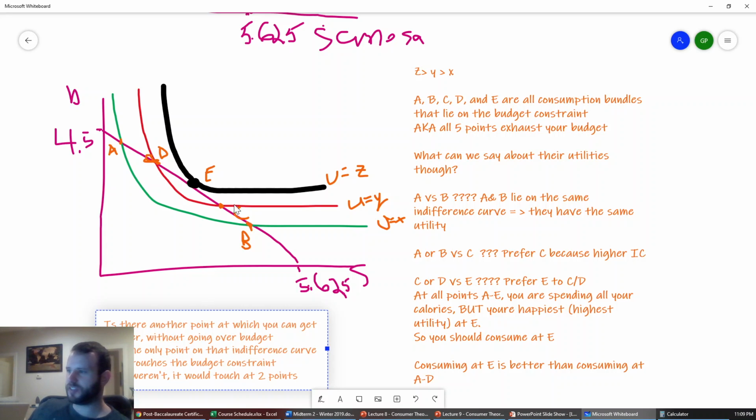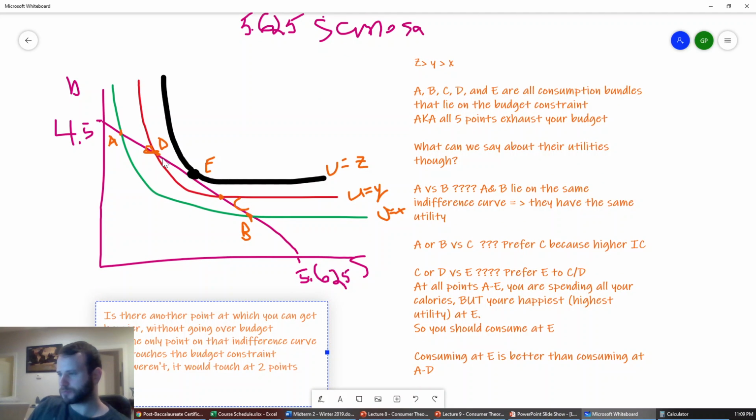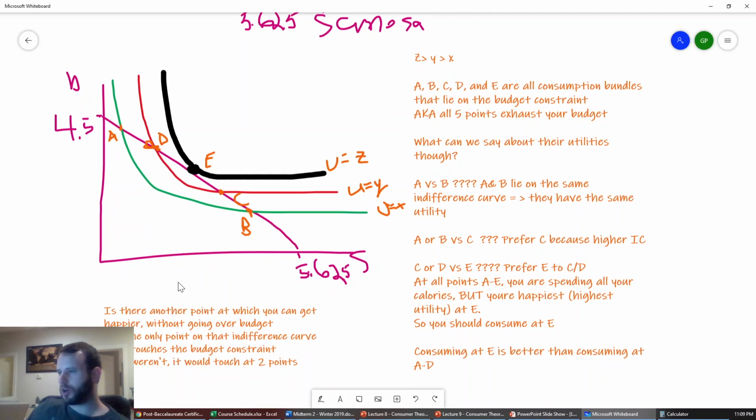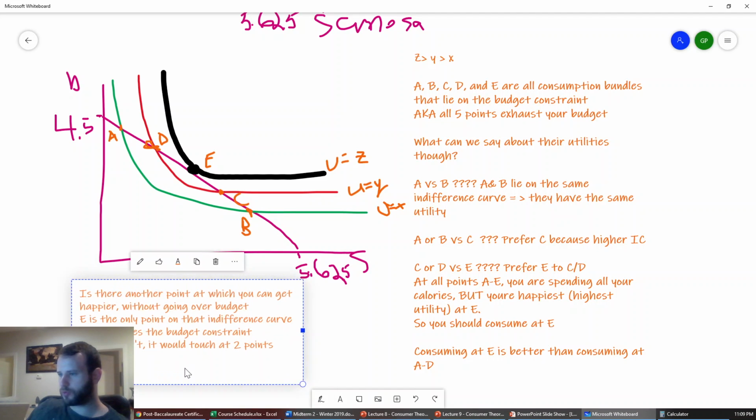Right, so D and C, A and B, right? If you draw a straight line between a curve like this, it's going to touch at 2 points. So what we call that, and I've used this word before, is the tangent point.